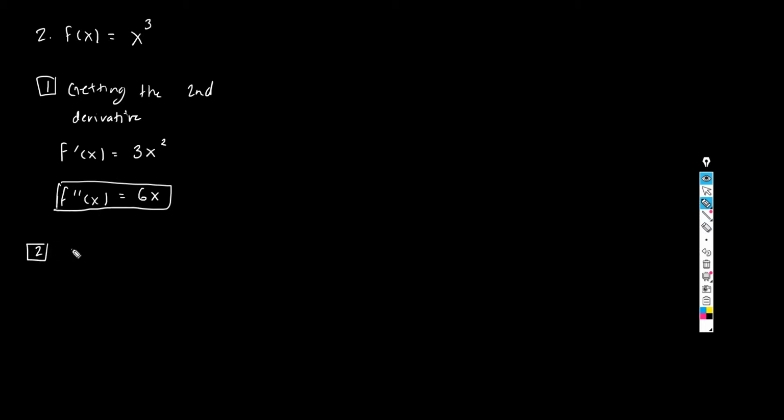Second step, make the second derivative equal to 0. Why? What for? In order to find possible inflection points.